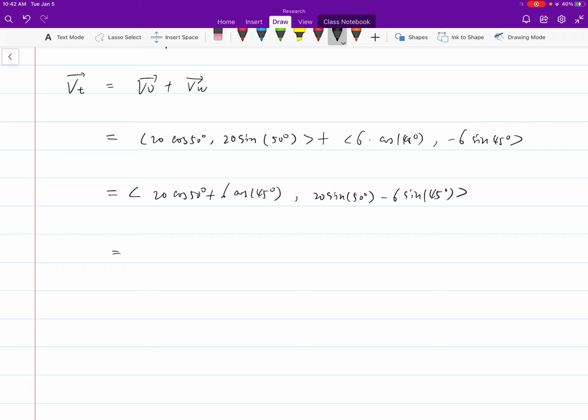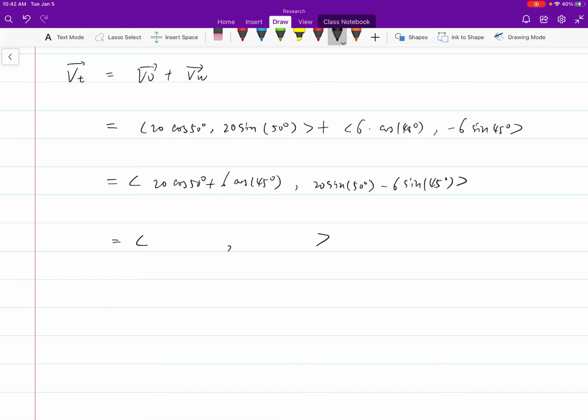But now let's use a calculator to actually find this number. 20 cosine 50 degrees plus 6 cosine 45 degrees, and that is going to be 17.1.